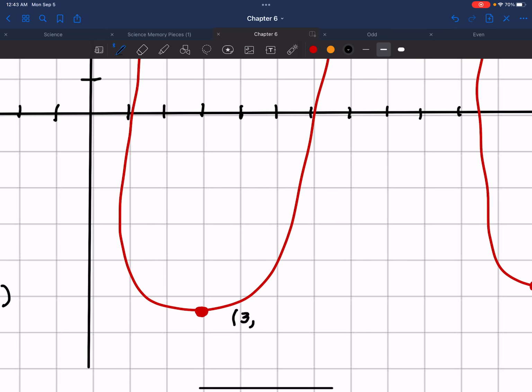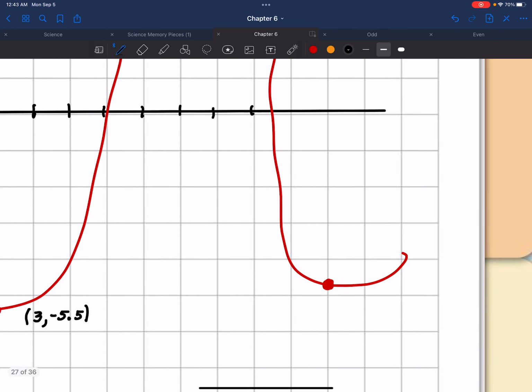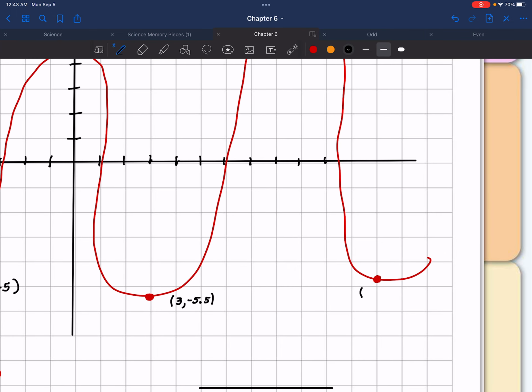And down 1, 2, 3, 4, 5 1/2. And then we have, let's see, 1, 2, 3, 4, 5, 6, 7, 8, 9, 10, 11, 12, so over 12. And down 1, 2, 3, 4, and 3/4.